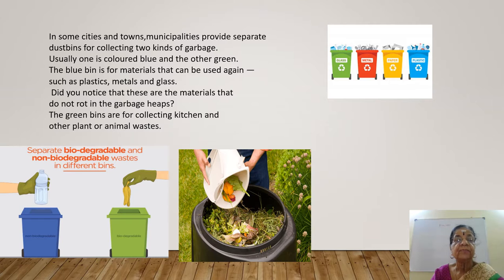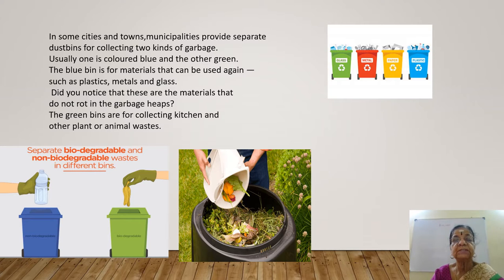The next one: in some cities and towns, municipalities provide separate dustbins for collecting two kinds of garbage. Do you remember what a city, a town and a village are?